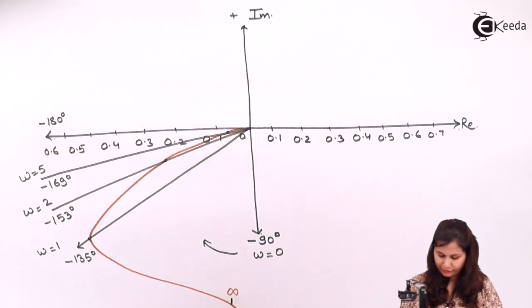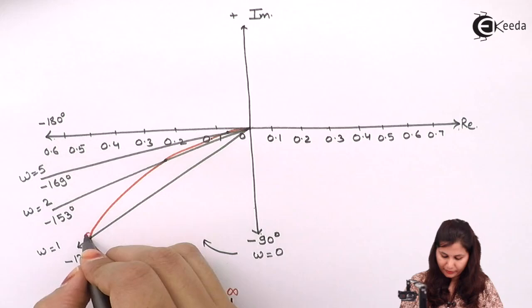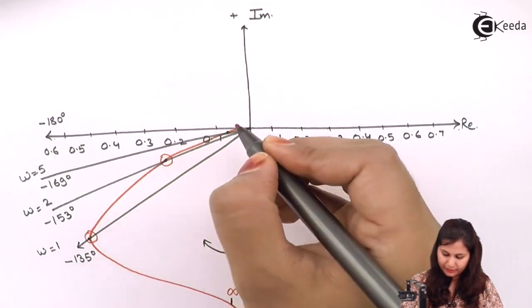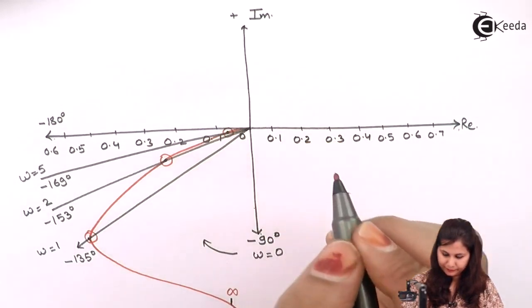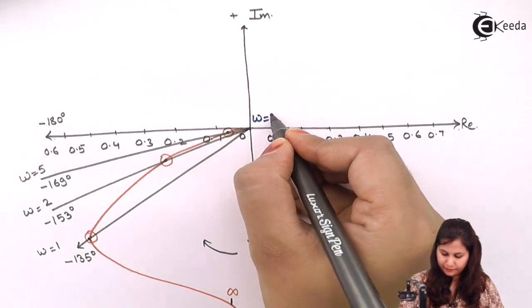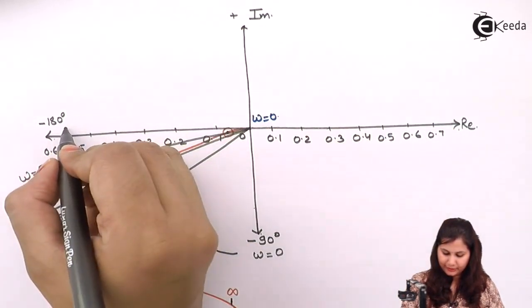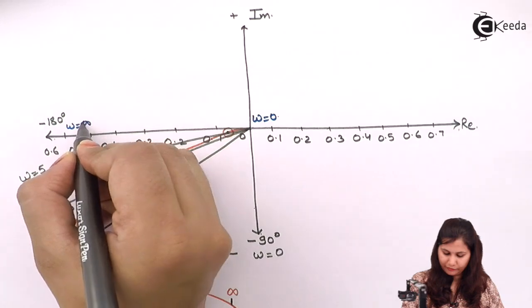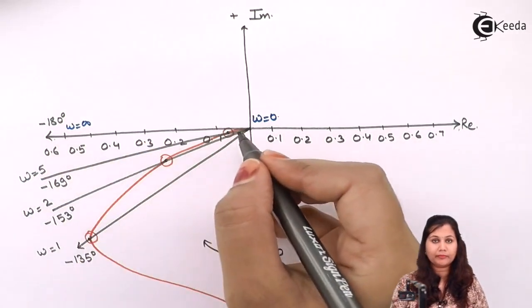So it is infinite, and we have joined the points. Mark these points. Okay, this is omega equals to 0, and this is omega equals to infinity, coming from here.